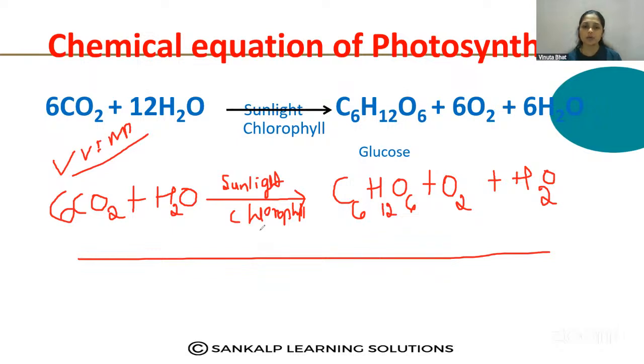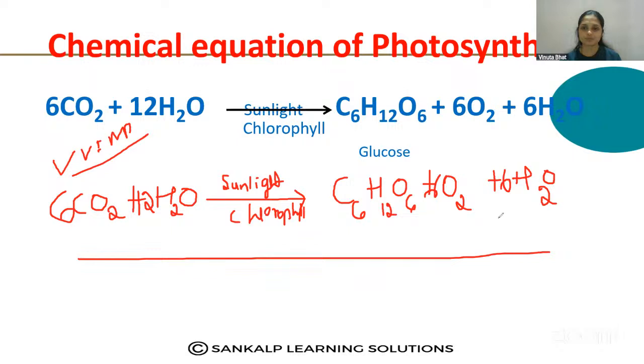So you have to balance this. So 12 H2O, if you put 12 H2O, the number of oxygen atoms will become 24. And here you also put 6O2 and 6H2O, the total number of oxygen will become 24.